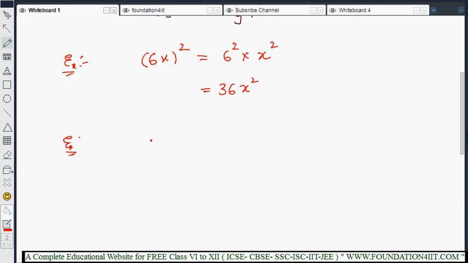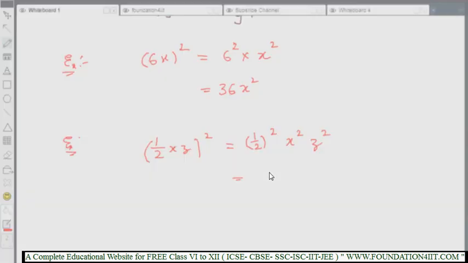One more example: 1 by 2 xz whole square. Now for each and every number or variable you apply the power 2. 1 by 2 power 2 and x power 2 and z power 2. So that is 1 by 4.